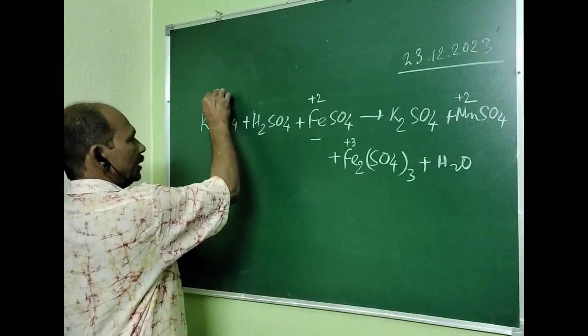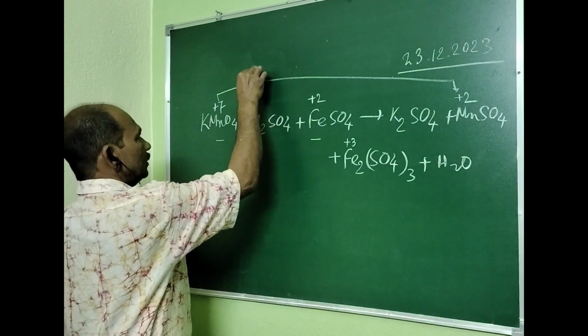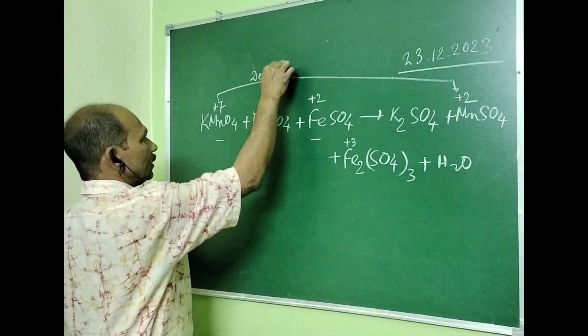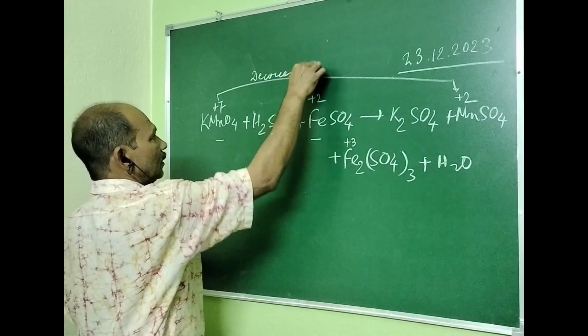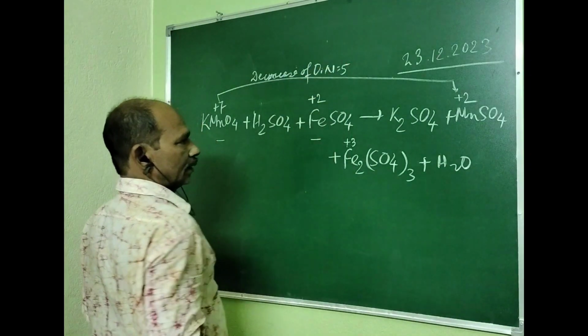So the decrease of oxidation number of manganese equals 5.